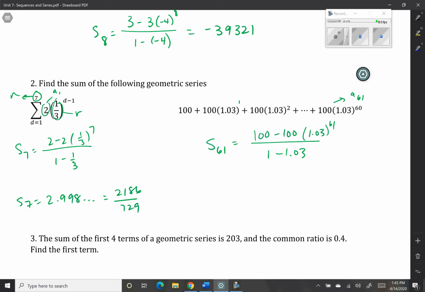So go ahead and type it in. The formula is actually not that bad if you haven't noticed yet. It's the same thing every single time. We just have to determine what they're telling us, or what they're not telling us sometimes. So this answer, we'll just round to the nearest tenth. It's 16,894.5.